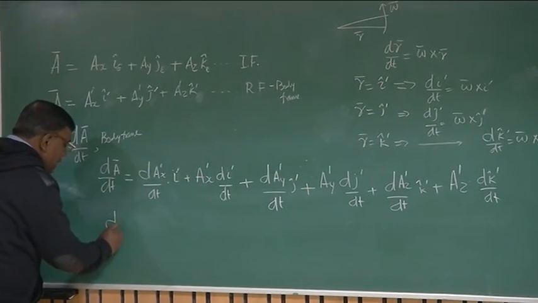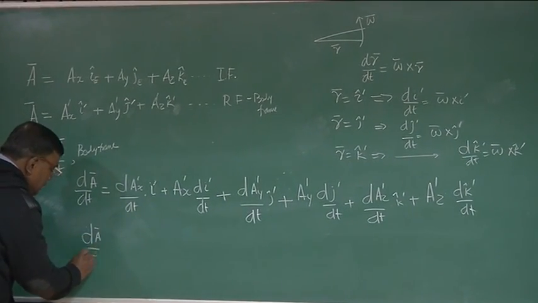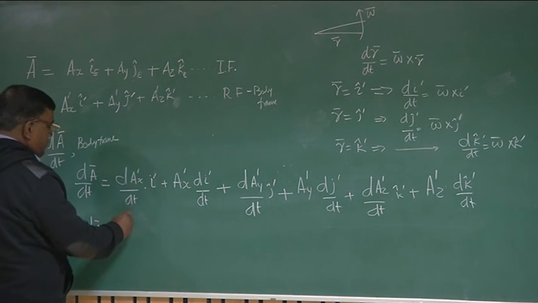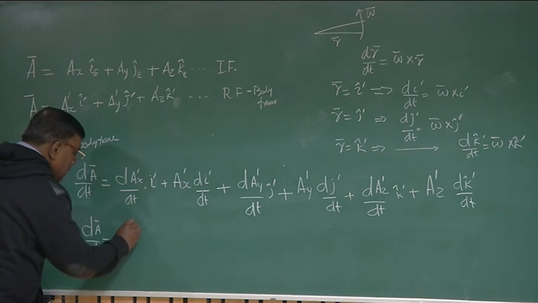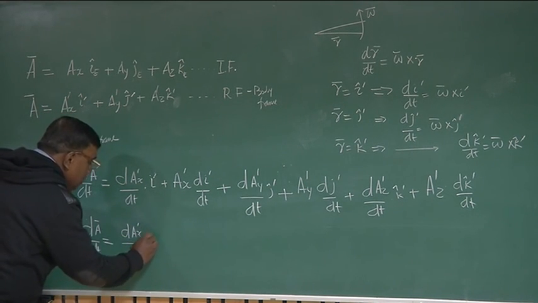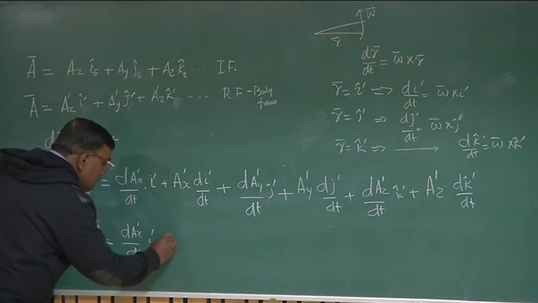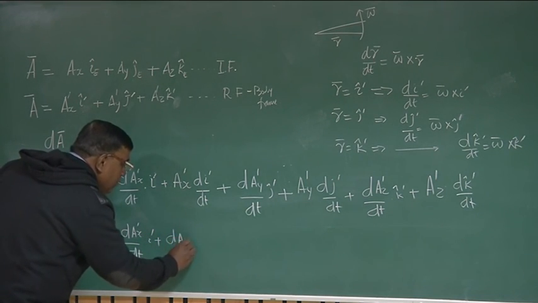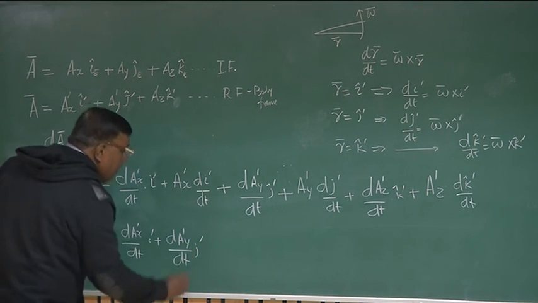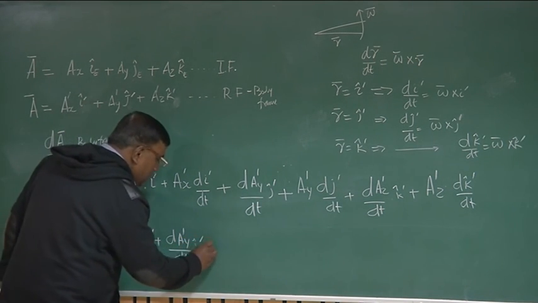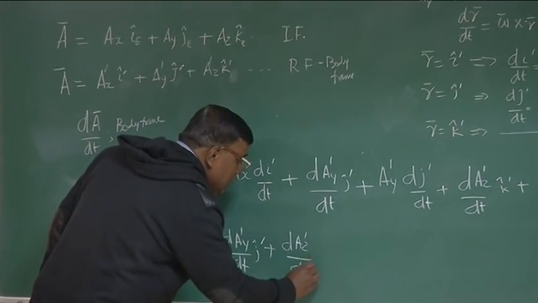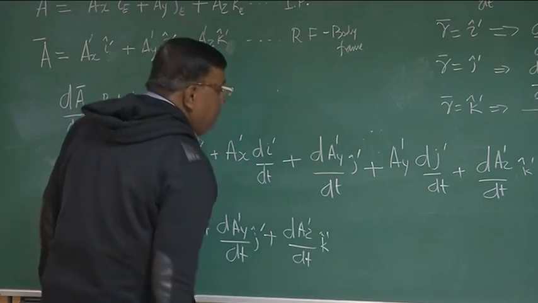So dA by dt will be equal to dAx prime by dt into i prime. I write dAy prime by dt into j prime. I'm just doing some rearrangement. Similarly, dAz prime by dt into k prime.